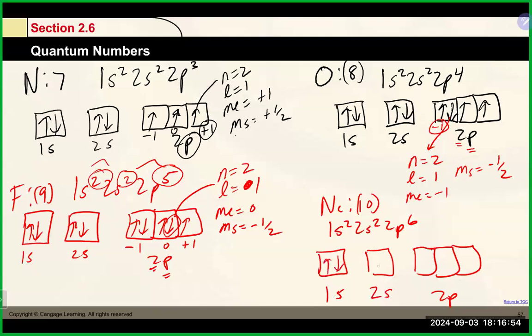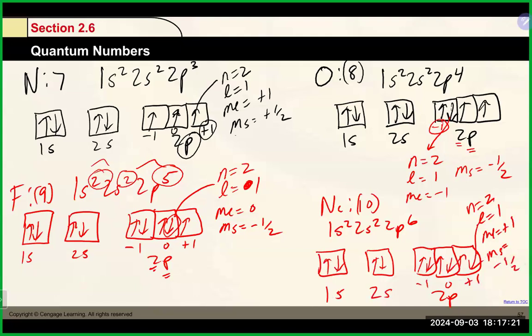So up, down, up, down, up, up, up, down, down, and lastly down here, with n equal to 2, L equal to 1, M sub L is plus 1, as it's minus 1, 0, plus 1, and M sub S in this case minus 1/2.